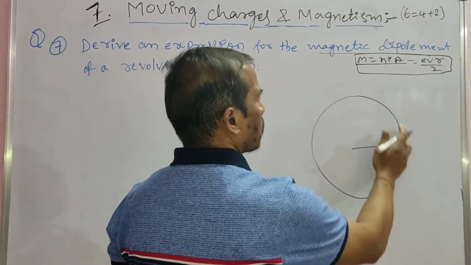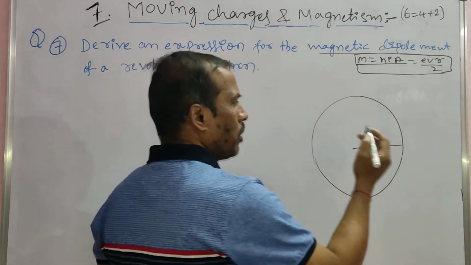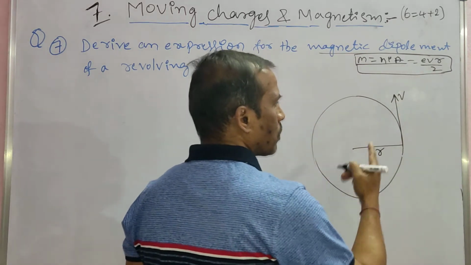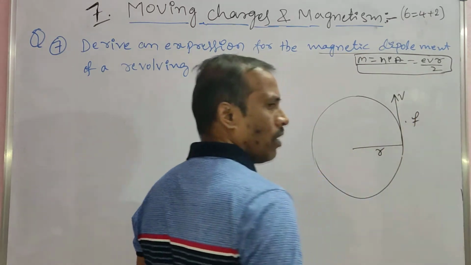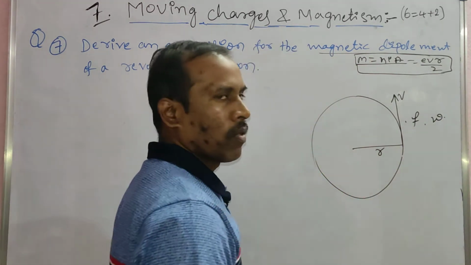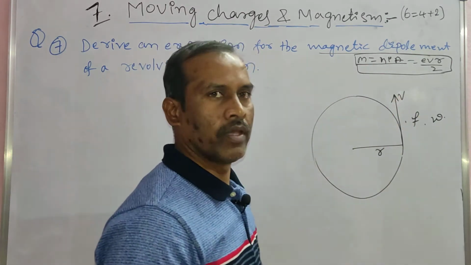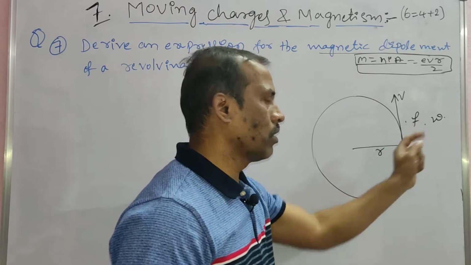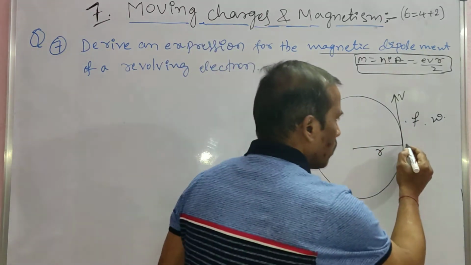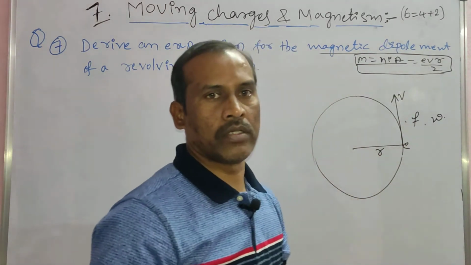The speed of the electron is v, the frequency of the electron is f, and the angular frequency is omega.